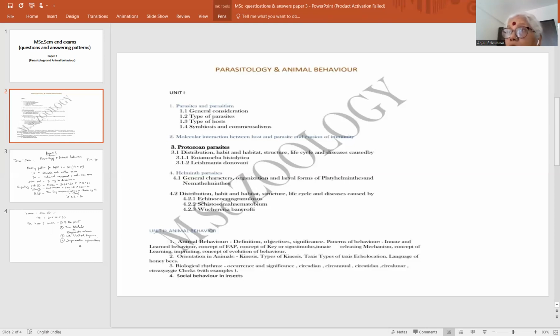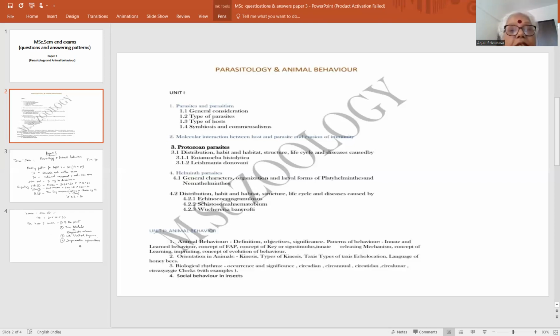Entamoeba histolytica, जो amoebosis के लिए responsible है, and Leishmania donovani, it is responsible for Leishmaniasis. So the syllabus has been made easy for you by giving these particular 2 parasites. But before that, you are having a generalized topic, protozoan parasites.